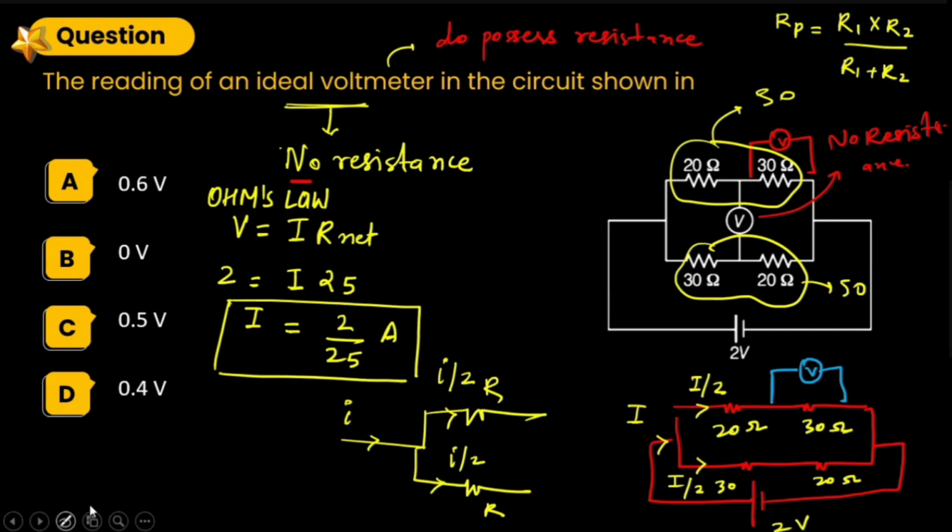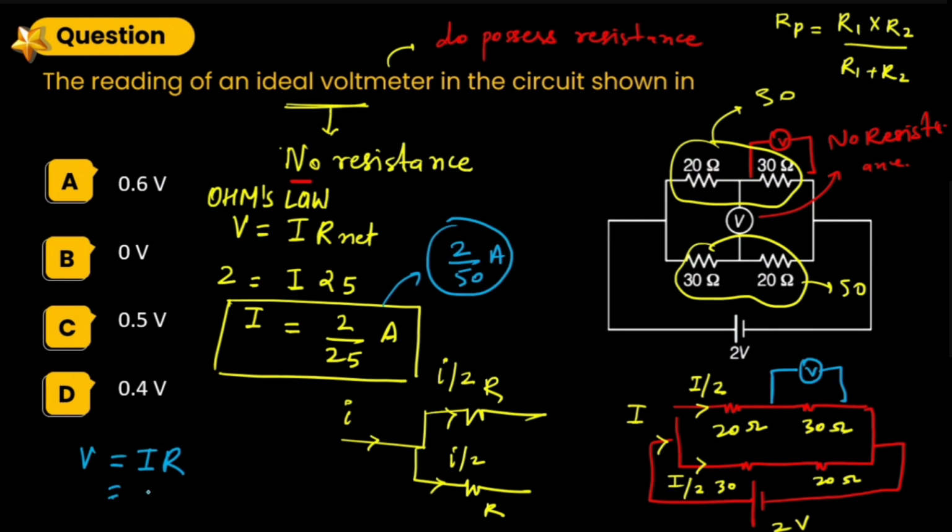So if we consider that fact, we can say that I by 2, the current passing through this 30 ohm resistor, would be 2 by 50 ampere. This is the current that must be passing through 30 ohm resistor. So if we have to find the potential, again we have to use Ohm's law. Current passing through 30 ohm resistor is 2 by 50.